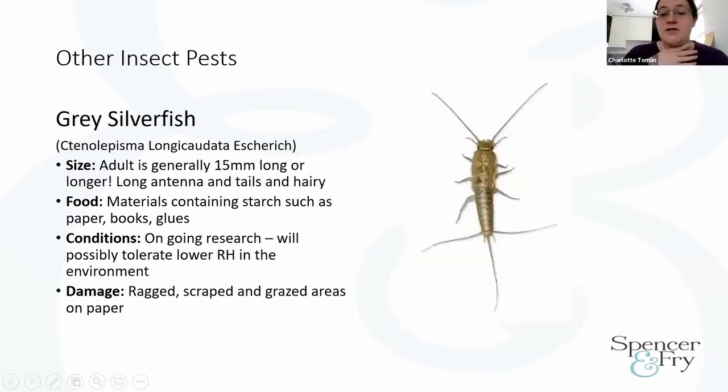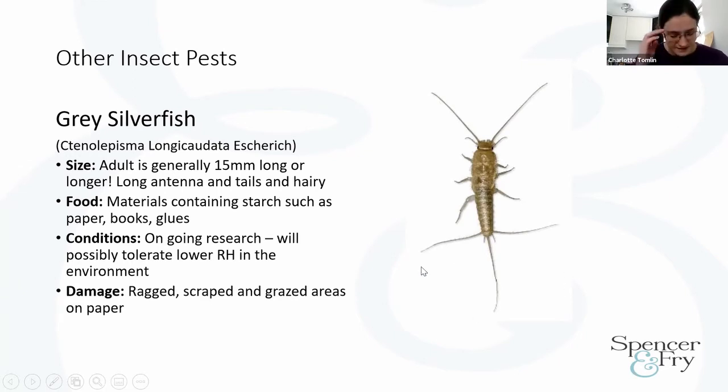And then we've got the grey silverfish, which is a newer addition to the UK Museum Pests group. It's not spread very widely so far, but there have been more sightings of it. It is bigger than the common silverfish, so it can be about 15 millimeters long or longer. It has longer antennae and longer tails.